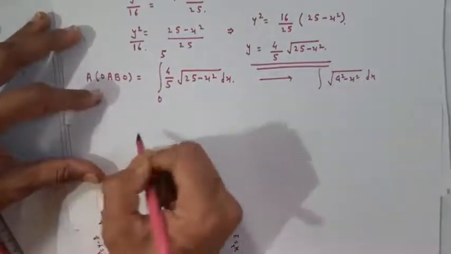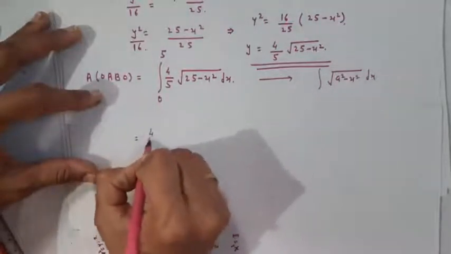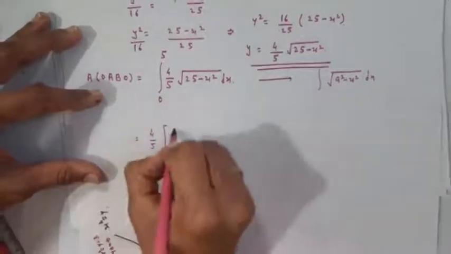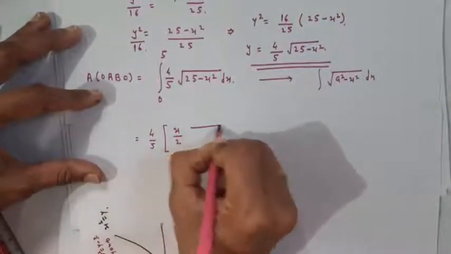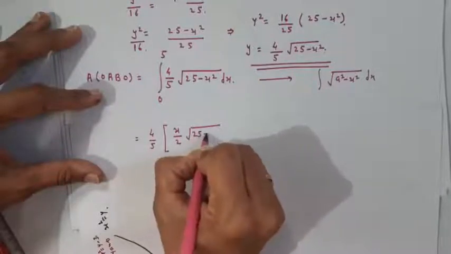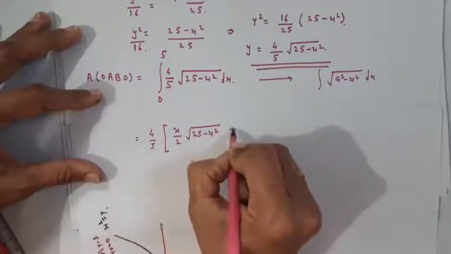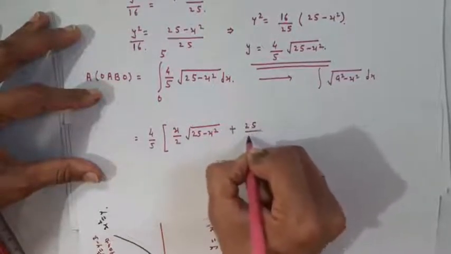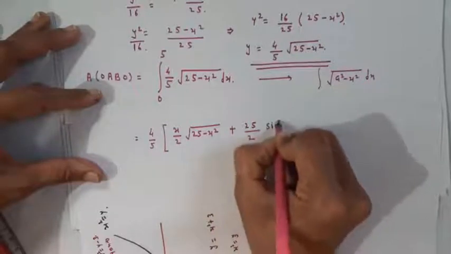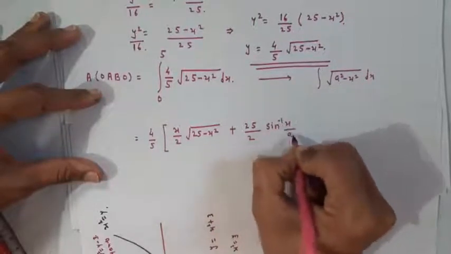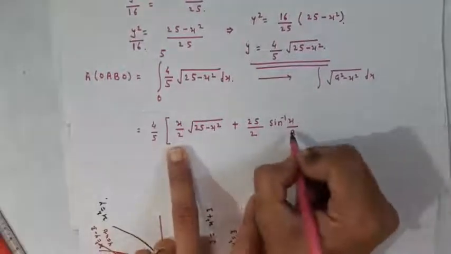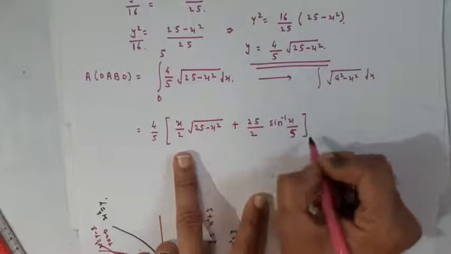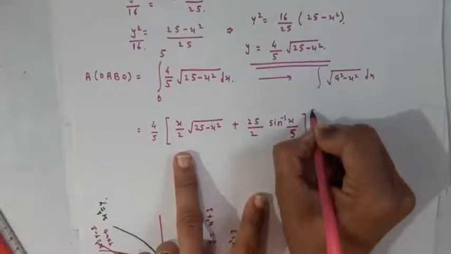And hence this is equal to 4 by 5 as a constant, take it outside, x by 2 square root of a square minus x square plus a square by 2, a square means 25, a square by 2 sine inverse of x by a. The value of a is 5. Limits of integration 0 to 5.